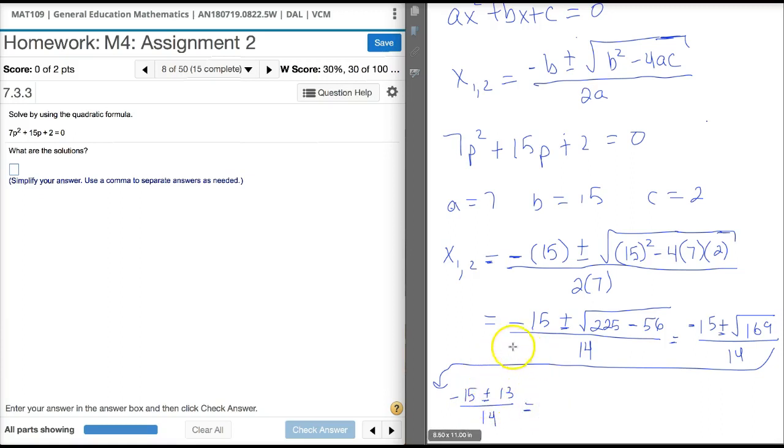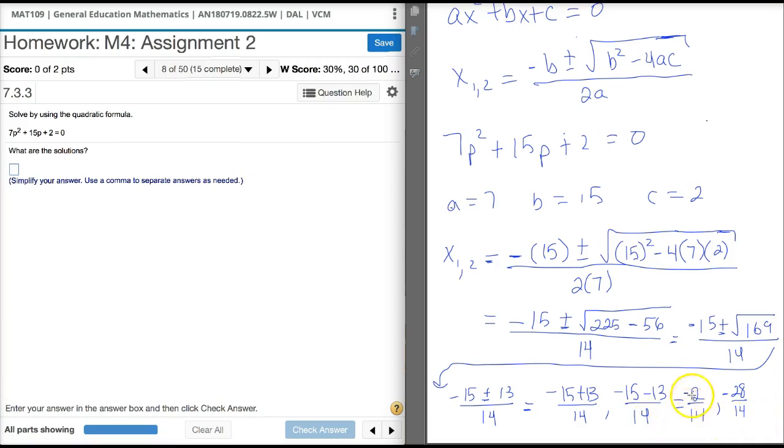Now we separate this into 2 separate answers: negative 15 plus 13 over 14, and negative 15 minus 13 over 14. Negative 15 plus 13 is negative 2 over 14, and negative 15 minus 13 is negative 28 over 14.